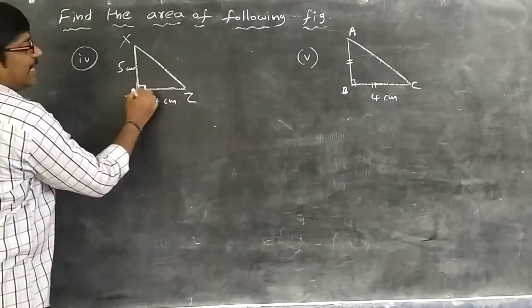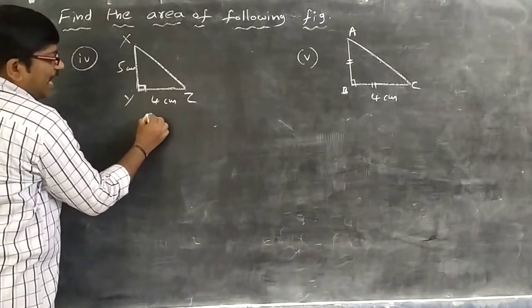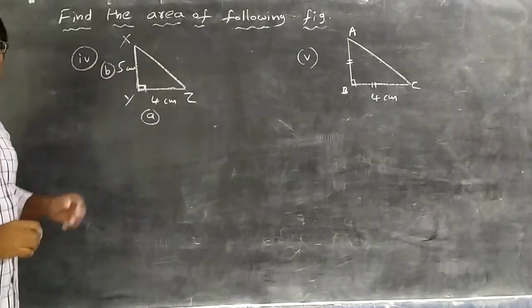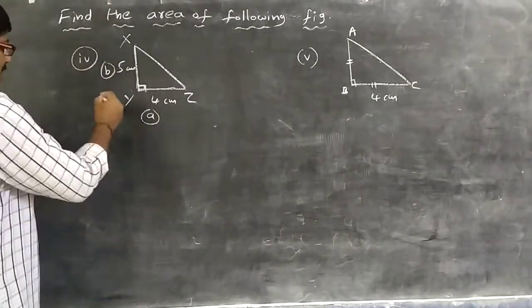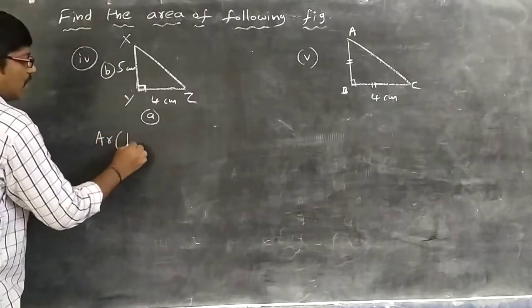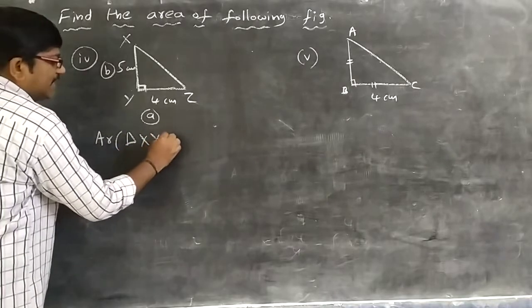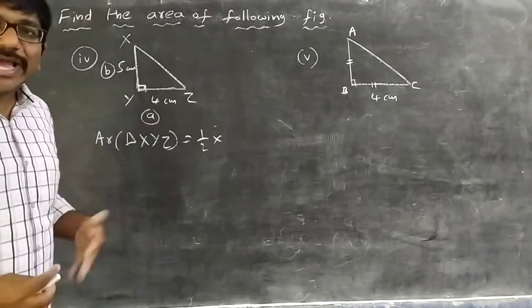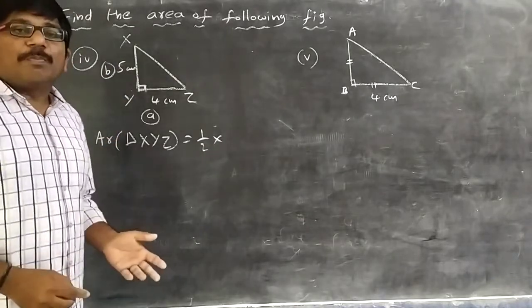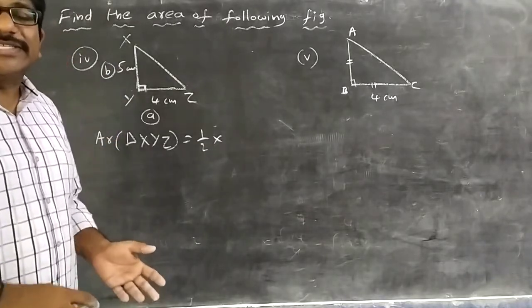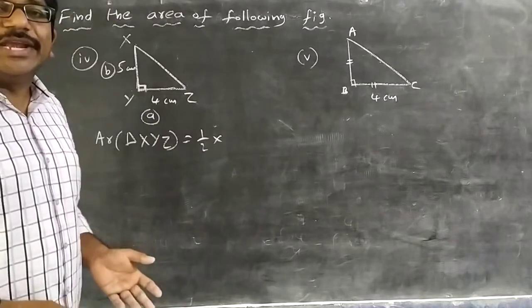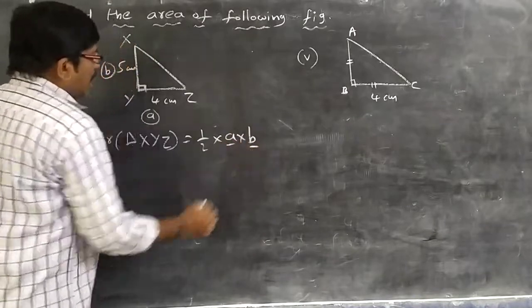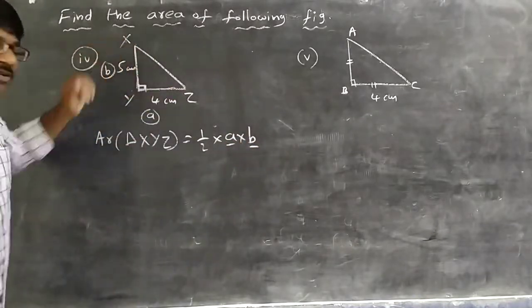Here perpendicular sides are given. Say it is the A value and it is the B value, right? A, B are perpendicular sides. So the area of triangle XYZ is equal to half into. So the area of a right angle triangle is half into the product of perpendicular sides. That is half into A into B. Here A, B are perpendicular sides, right?